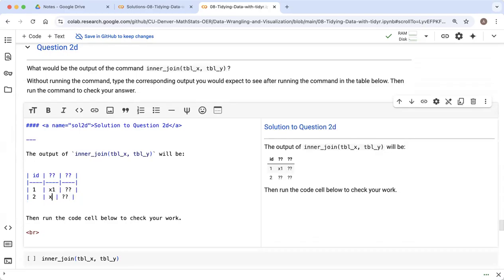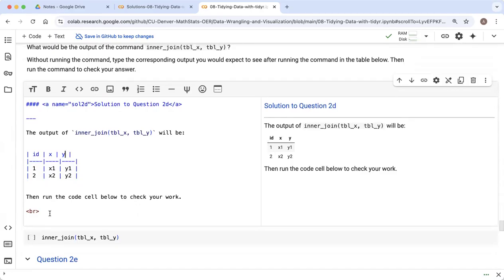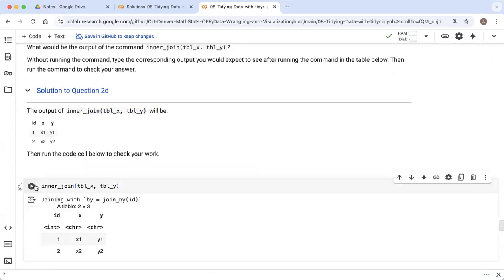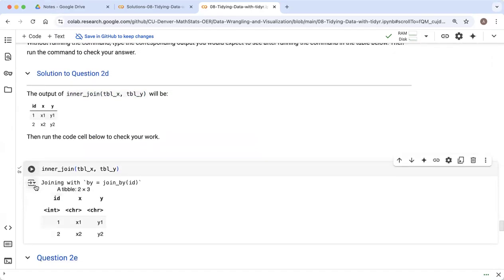These are the ID 1 and ID 2 rows, and these are the corresponding values in the X and Y columns from those two data frames. And let's check our thinking on that one.